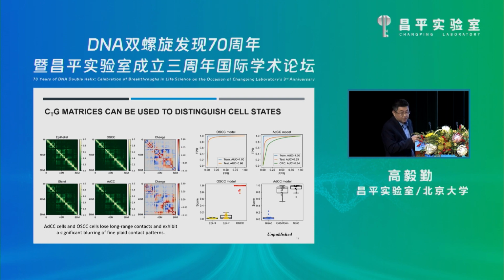For any single point you take out, you can predict with 90% accuracy whether it's normal or cancer. You combine all these points together, you will see there's a very big difference between normal tissues and cancer tissues. And also there's a difference between normal tissue and normal tissue taken from the cancer patients.